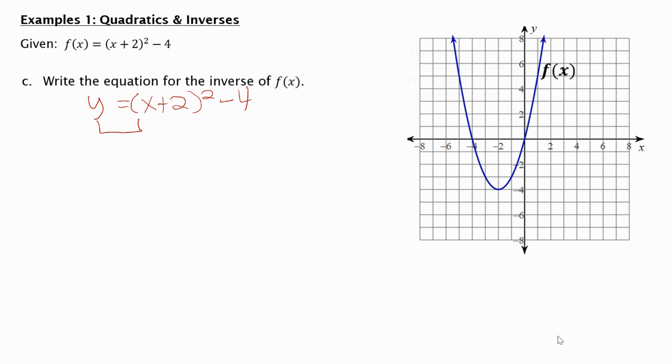So now we have x equals (y plus 2) squared minus 4. Now we solve this so our y value is by itself. We're going to add 4.